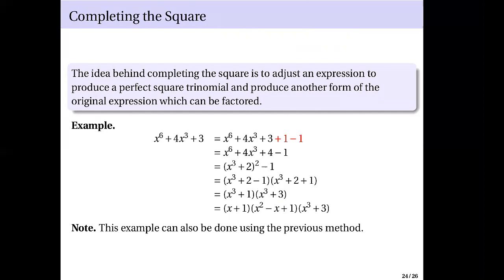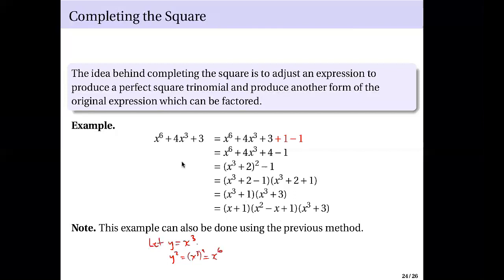Why can you do that? Look at this. You can let y equal x cubed, and therefore y squared is equal to x cubed squared, which is equal to x to the 6.